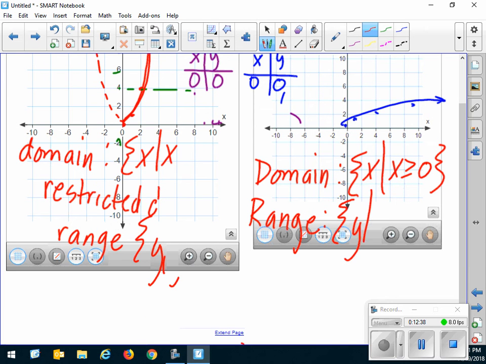All y such that y is greater than or equal to 0. Please take a look at this graph right here. Do you see that the x's are all greater than or equal to 0? And do you see that the y's are all greater than or equal to 0? That whole graph is in the first quadrant with the exception of the origin.